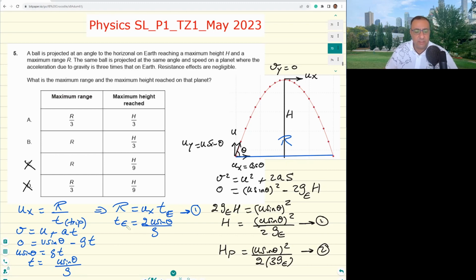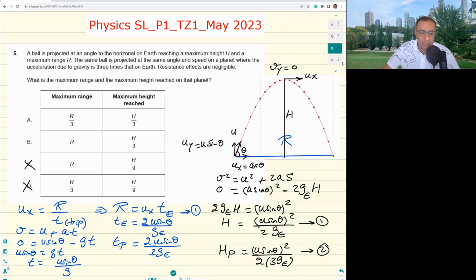So t sub e is 2u sine theta over g. Now u and theta are the same on the planet. So t sub p is going to be 2u sine theta divided by 3g sub e, because again g of the planet is 3 times g on Earth.